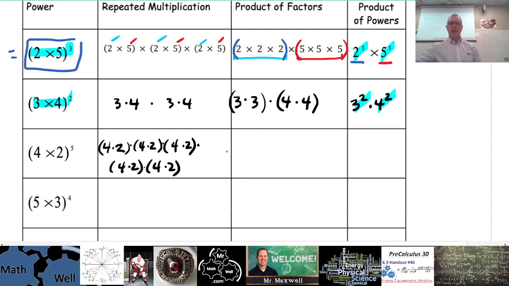And when we rearrange those, I can write this as 4 times 4 times 4 times 4 times 4 times 2 times 2 times 2 times 2 times 2, which is 4 to the power of 5 times 2 to the power of 5.